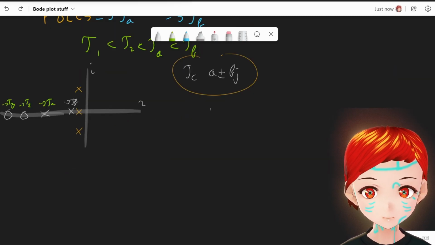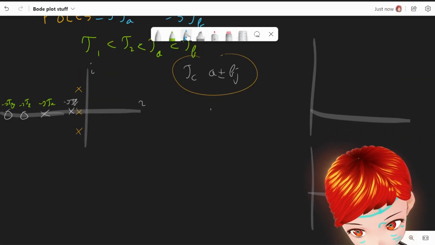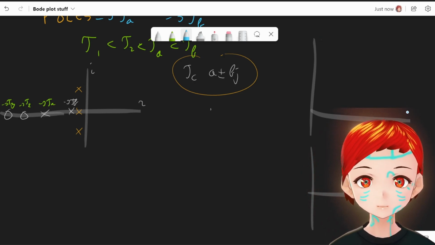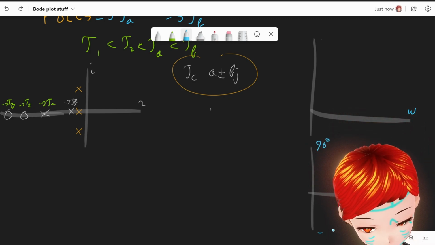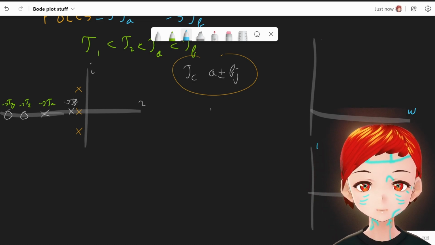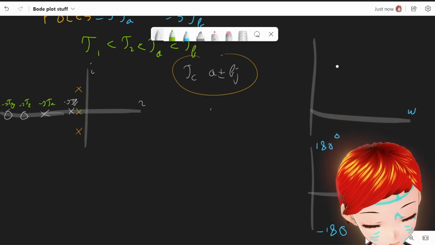and after that the Bode plots themselves can be drawn, where this plot is along omega, and this one is for the phase. It goes from 90 degrees to minus 90, or rather in this case it actually goes to 180 and minus 180. Then we can put these points onto here.